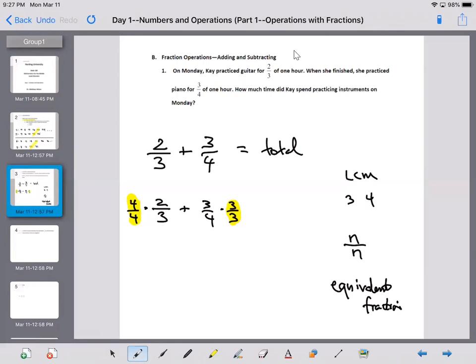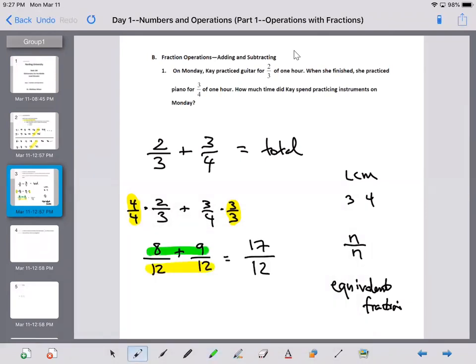So 2/3 times 4/4 would be 8/12. 3/4 times 3/3 would be 9/12. And so now with the same parts, with 12ths, we can add our numerators, and 9 and 8 give us 17.